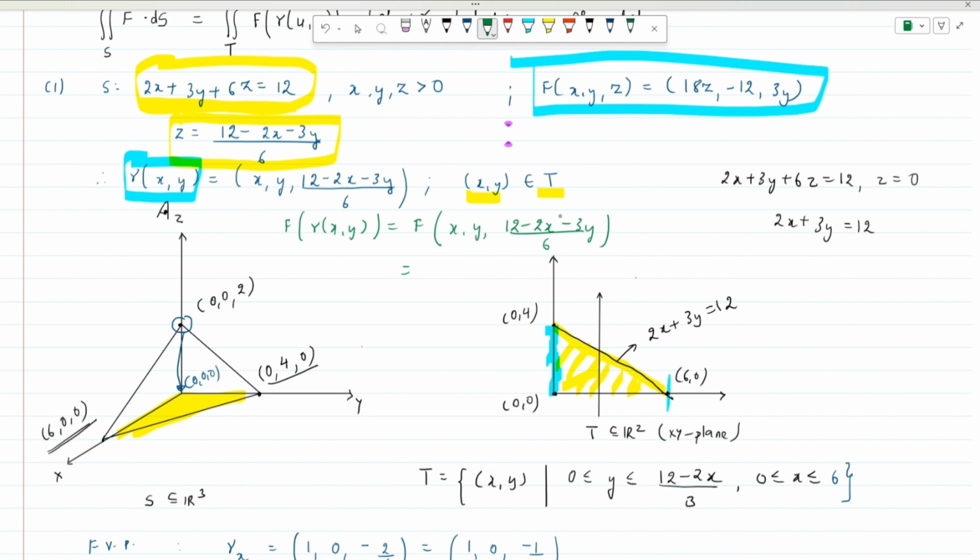That means the z component needs to be multiplied by 18. Make a note that we have 6 in the denominator, so we can reduce the 18 to 3. So we will get 36 minus 6x minus 9y. The second component is a constant, that's negative 12, while the third component is going to be 3 times y, so that remains as it is.